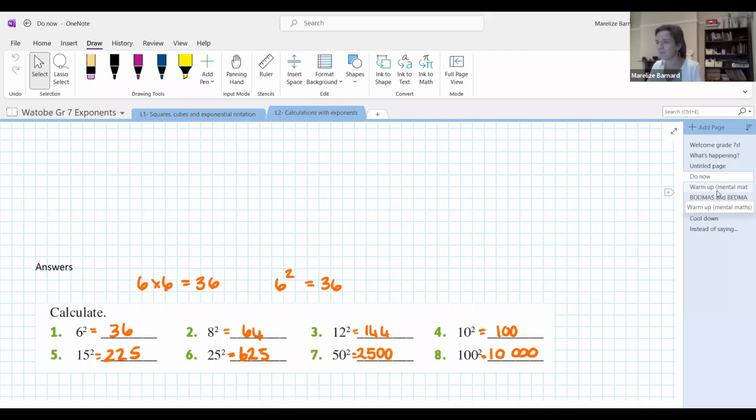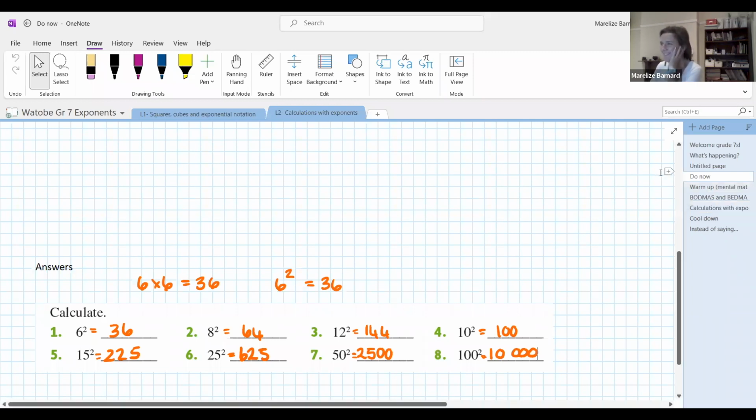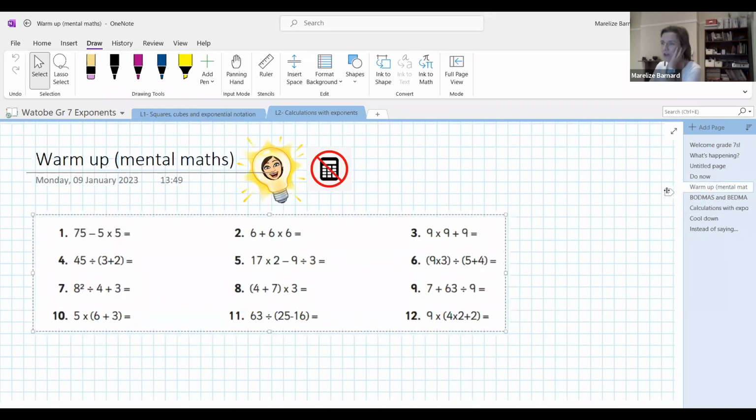And I haven't put the slide up. Calm down. It's gonna come up just now. Okay. So there we go. We've got 12 sums. And you have a minute and a half. You can start.